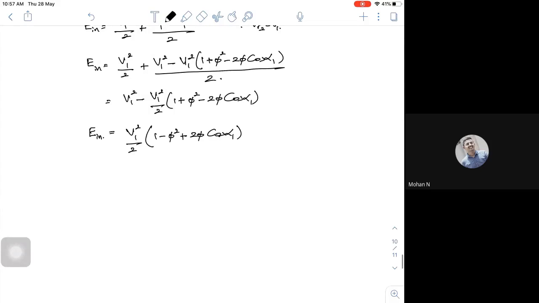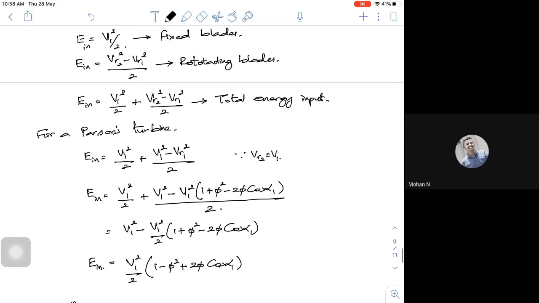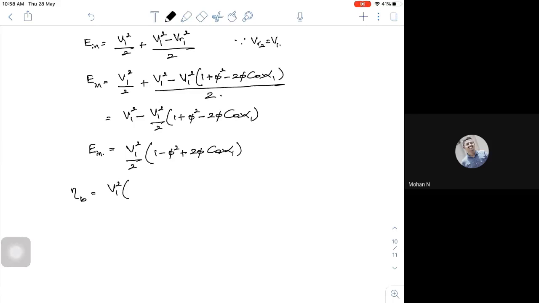Now, what will be the blade efficiency? The blade efficiency, or vane efficiency, is equal to, I will substitute for the work done, V1 square into 2 phi cos alpha 1 minus phi square, divided by V1 square by 2 into 1 minus phi square plus 2 phi cos alpha 1.